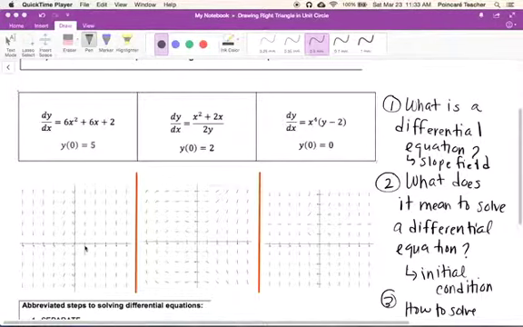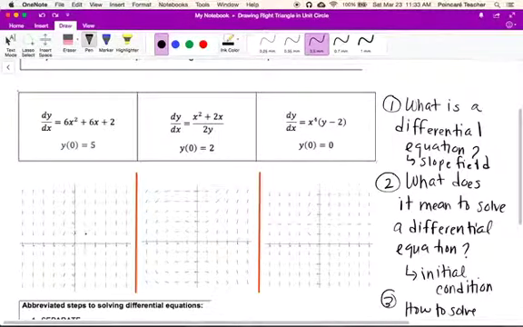The idea of the slope field is that it tells us what the slope is at every single point. For example, at the point (0, 1) here, we can see that there's a mini tangent line that has a positive slope.